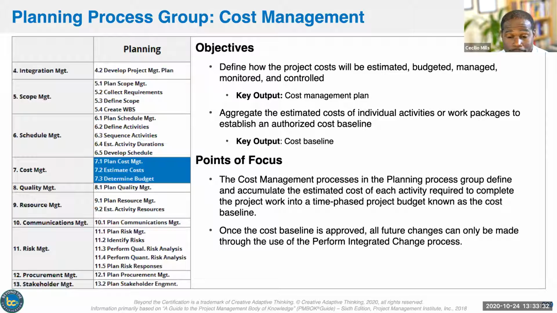So the point of focus here is to get a cost management plan so that we can determine our how, and then go back in and do the cost and the budget. Now, by the way, it is common for many PMs, before they do any work on the project, to develop all their plans first: scope management, schedule management, cost, quality, resources, communications, risk, procurement, stakeholder. Then go back and collect requirements, define scope, define activities, sequence them, estimate durations, develop the schedule, estimate costs, and so on.